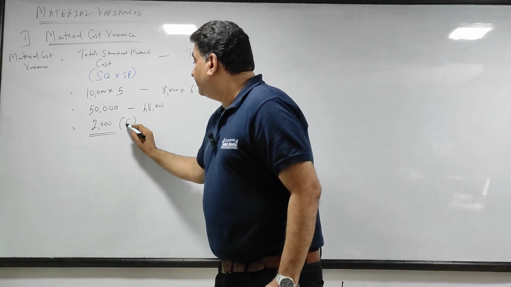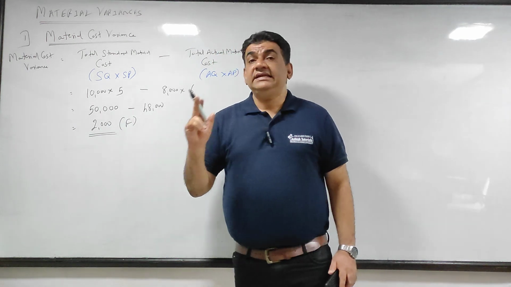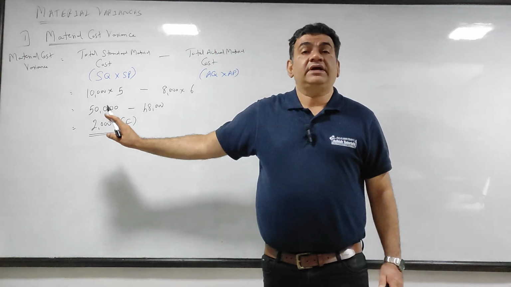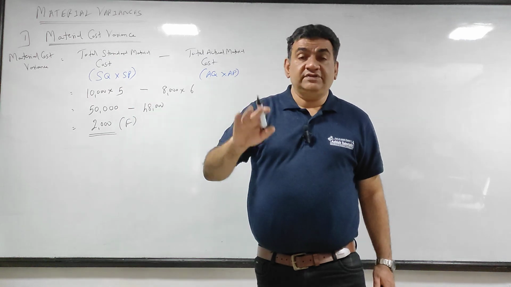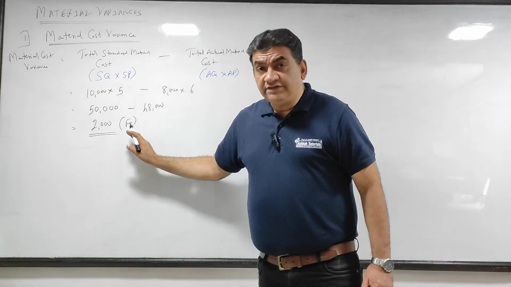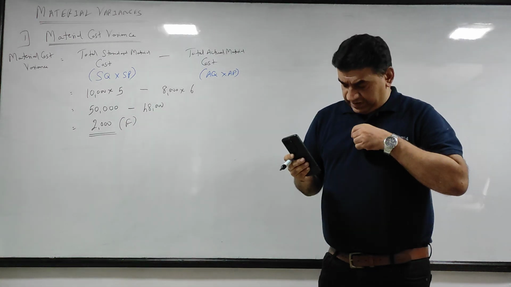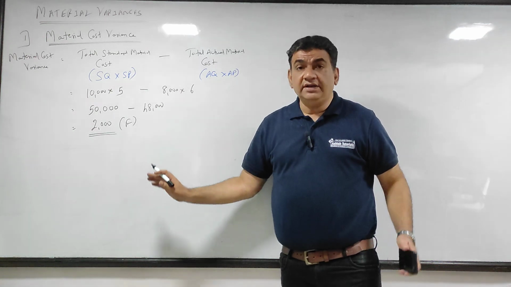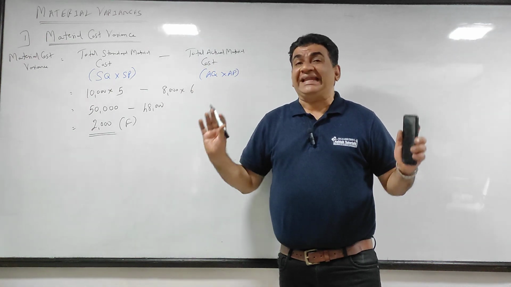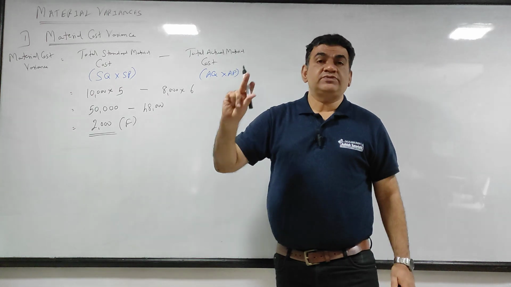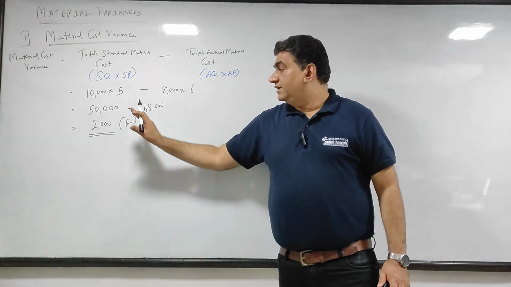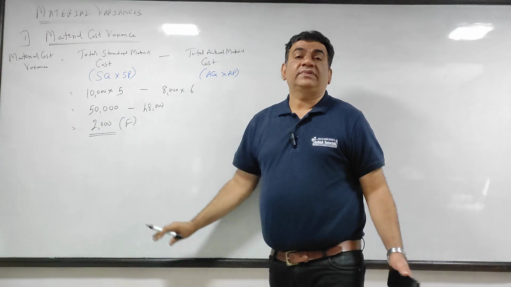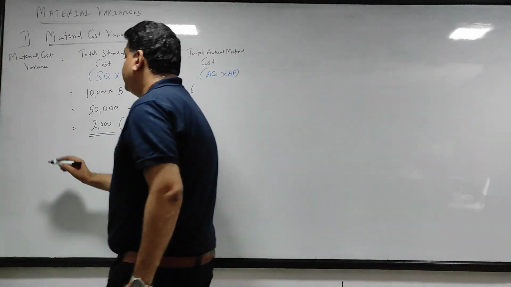F means favorable. If negative comes, we put A, that is adverse. And if positive comes, we put F, that is favorable. That means your cost of material, what you expected in the starting and what actually came, you saved 2,000.